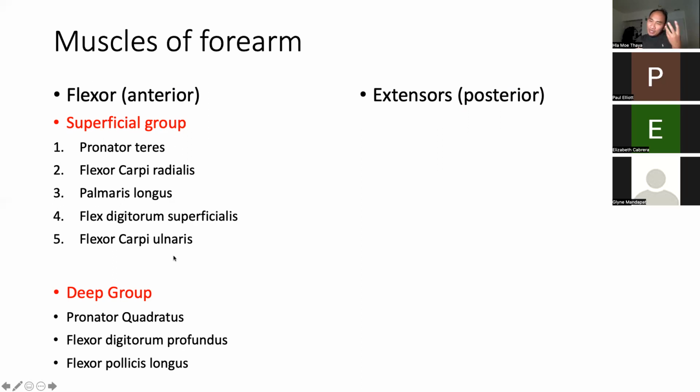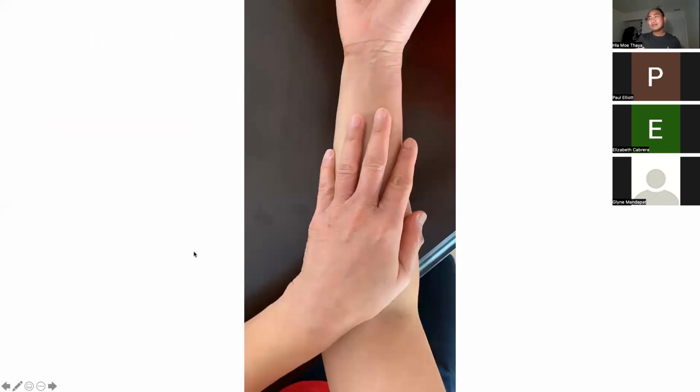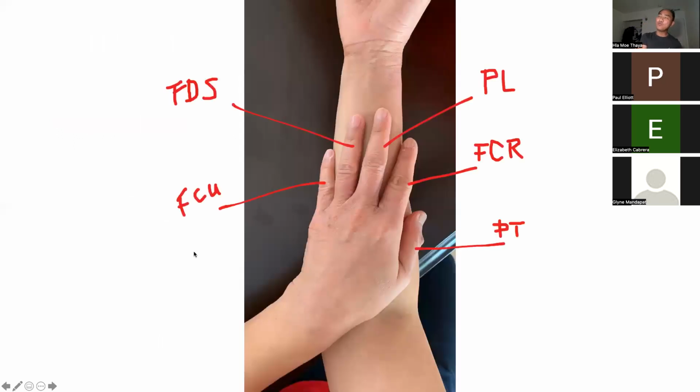That is quite difficult to draw on the diagrams, and therefore diagrams can be a little bit confusing. But once we get into the lab, we should be able to identify these. Pronator teres, flexor carpi radialis, palmaris longus, flexor digitorum superficialis, and flexor carpi ulnaris.